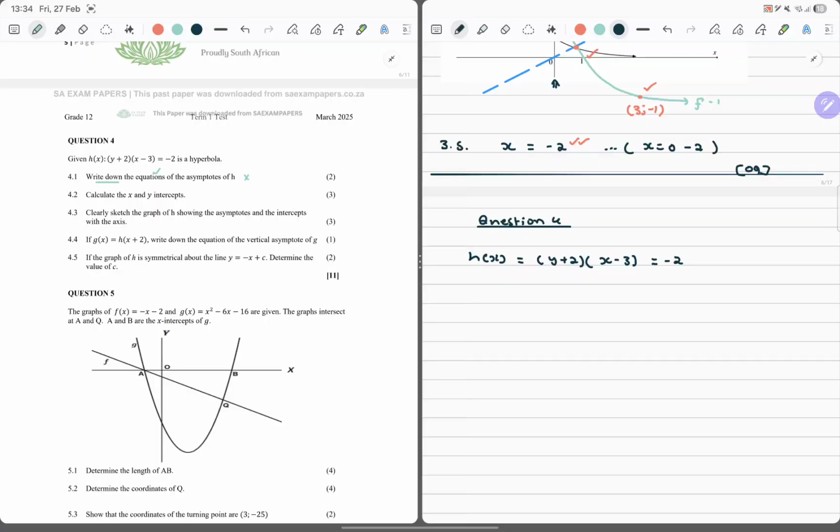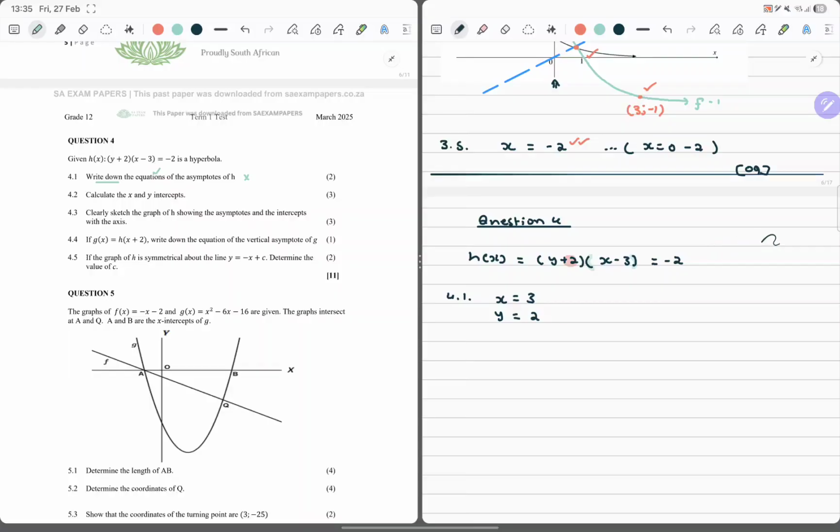There's no need to be asking this. So 4.1, we know that x is going to be equal to 3 and y is going to be 2. So with this one, we take the one that has x, we equate it to 0 and solve for x. For the y, we just take the value that is there. Okay, nice and easy.